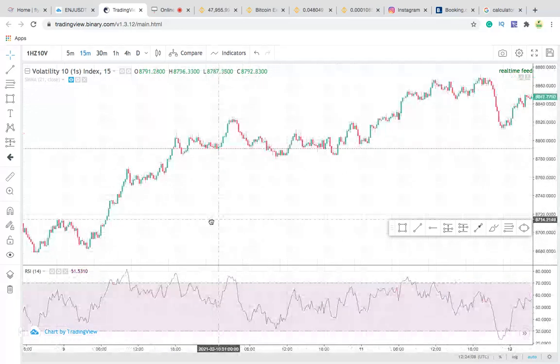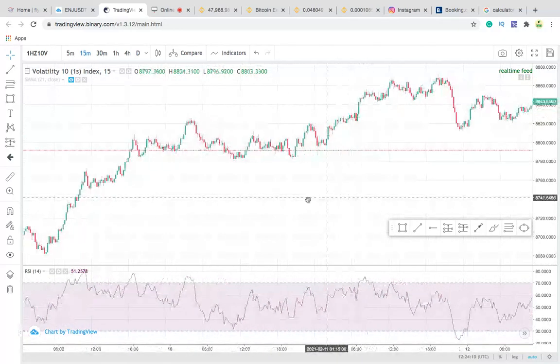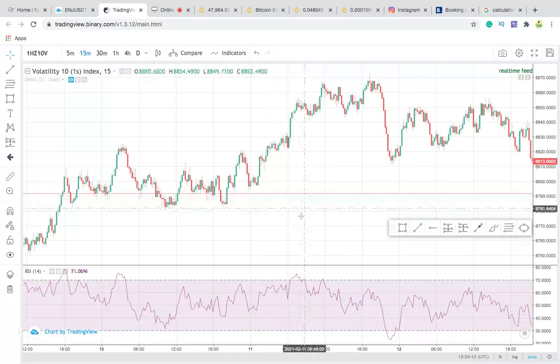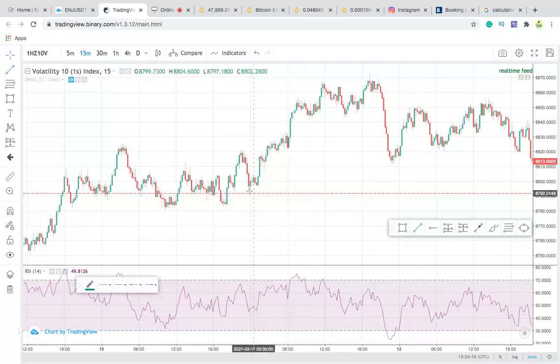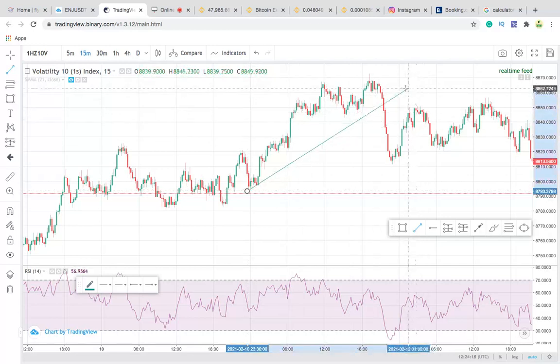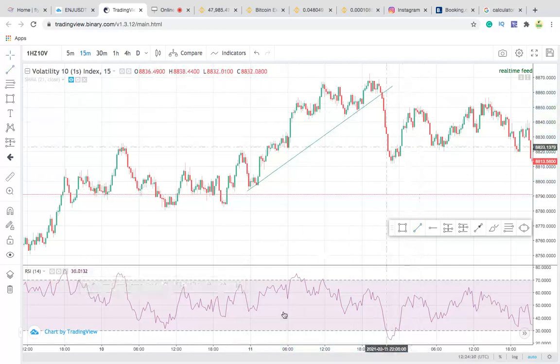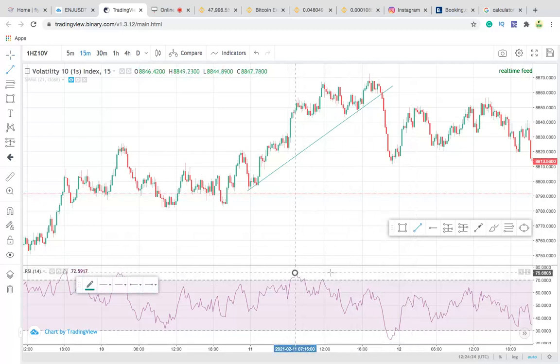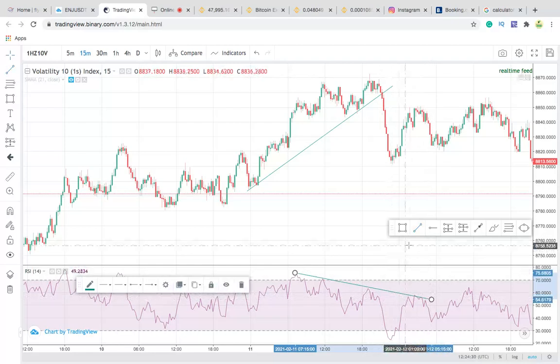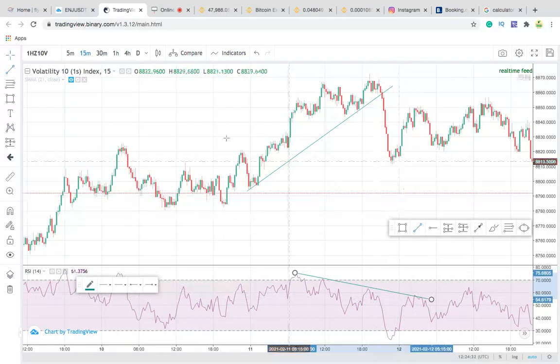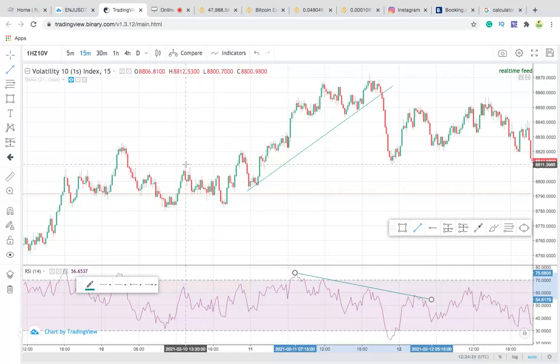So VIX 101S, we keep looking out for the divergence. So we spotted one right here. The market creating higher highs. RSI now came up with lower highs. As you can see, we make the chart a channel and then we trade the breakout.